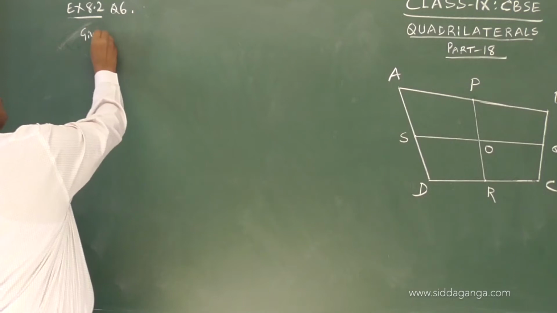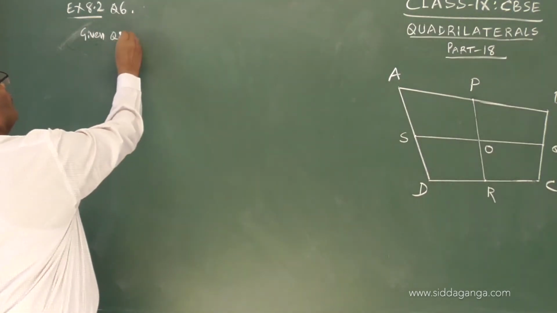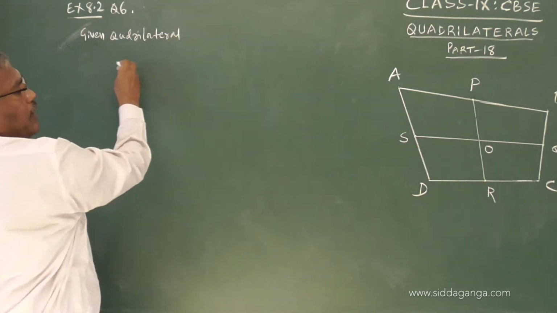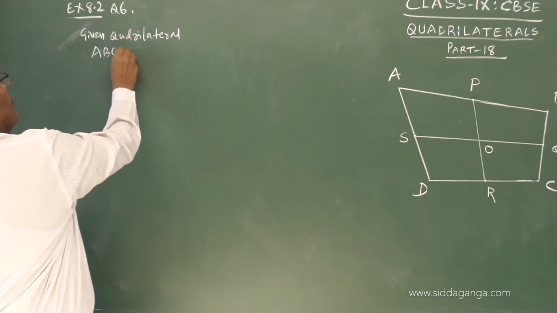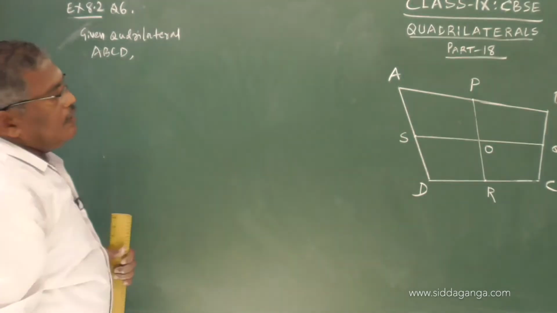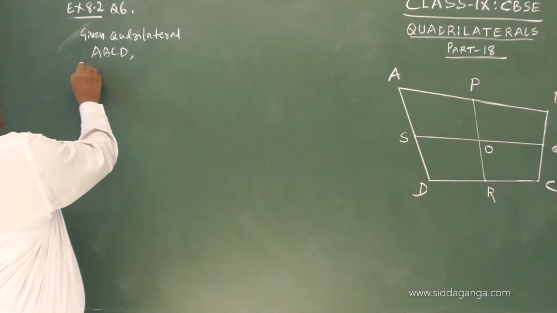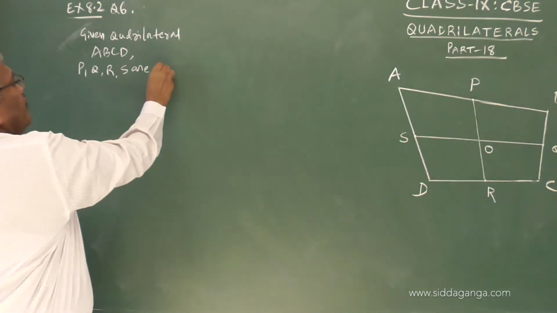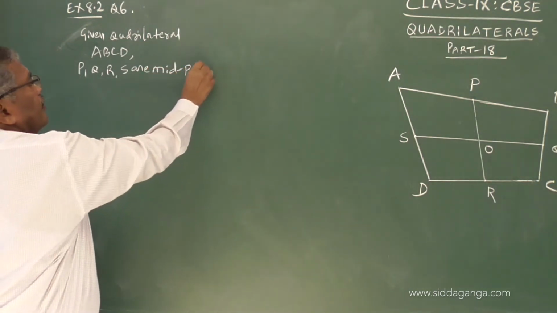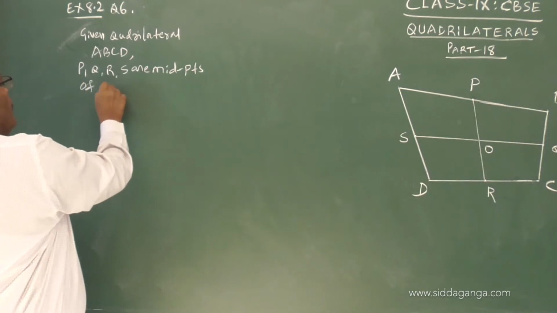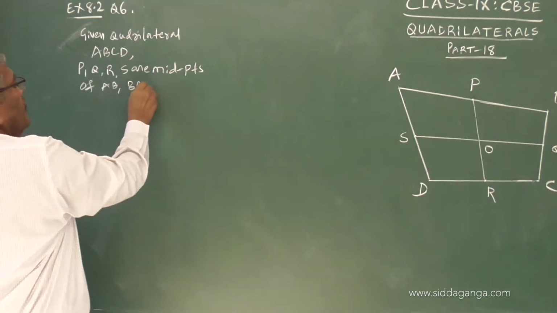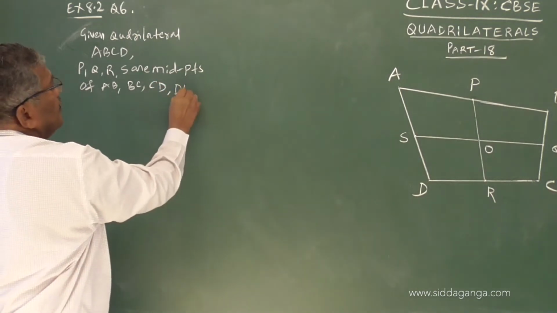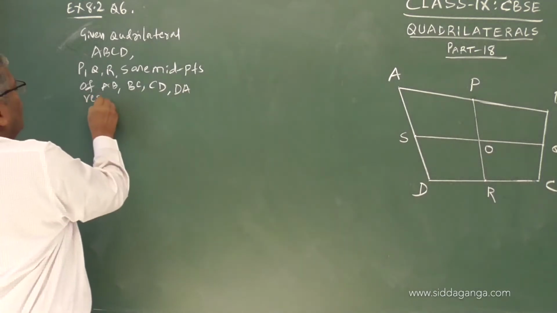Given quadrilateral ABCD, P, Q, R, S are midpoints of AB, BC, CD and DA respectively.